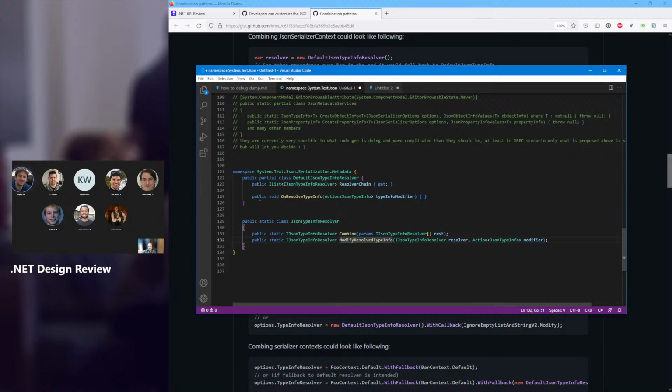Just to make sure I understand: this is passed a mutable JSON type info that it tweaks however it needs to, and then upon that delegate returning, the system composes a new resolver based on it. Is that correct? But what does that composition look like, because you're modifying the input. No, that's actually the output of the resolver.